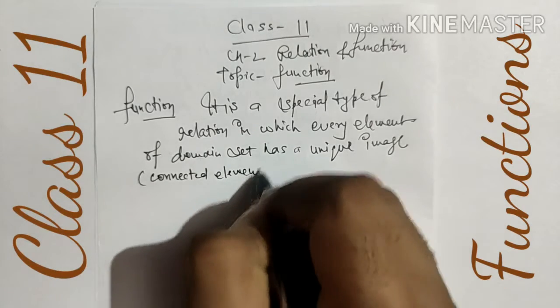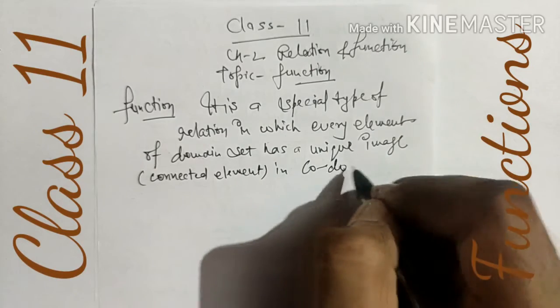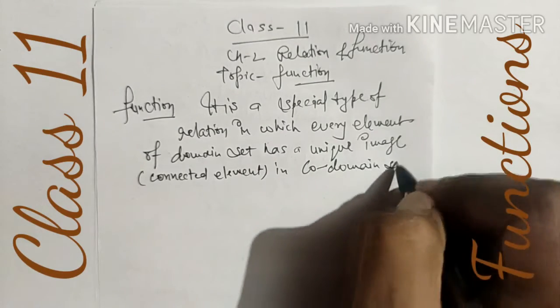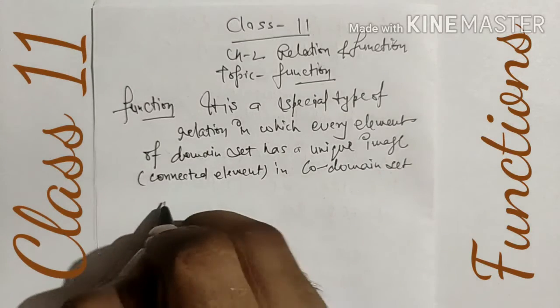In other words, we can say every element of the domain set is connected with one element of the codomain set.